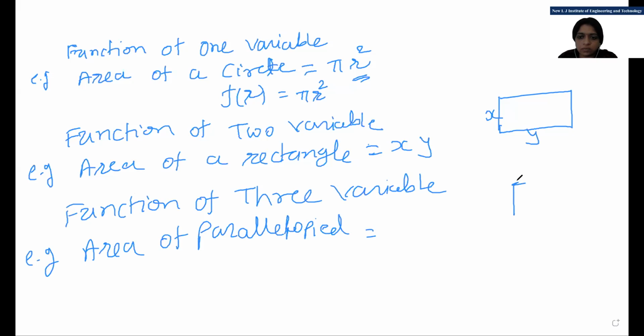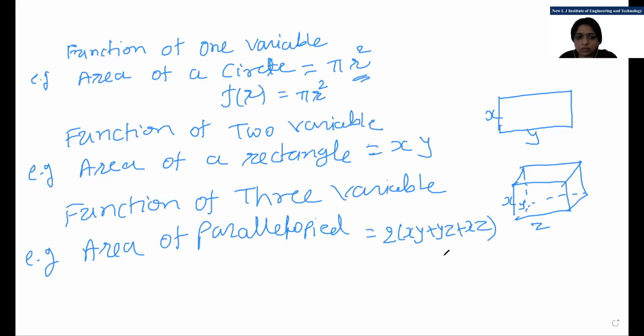Suppose this one is our parallelopiped, with dimensions x, y and z. So the surface area is 2 times (xy plus yz plus xz). So there are three variables. So the area of a parallelopiped is a function with three variables.